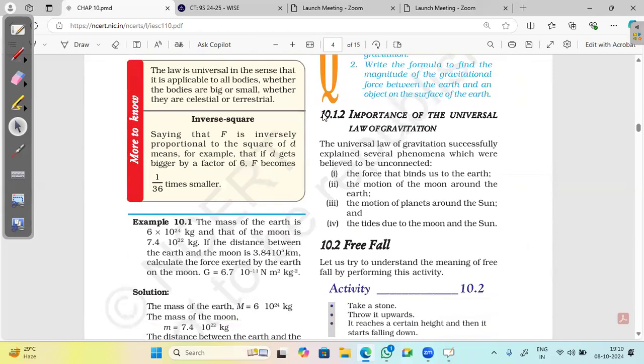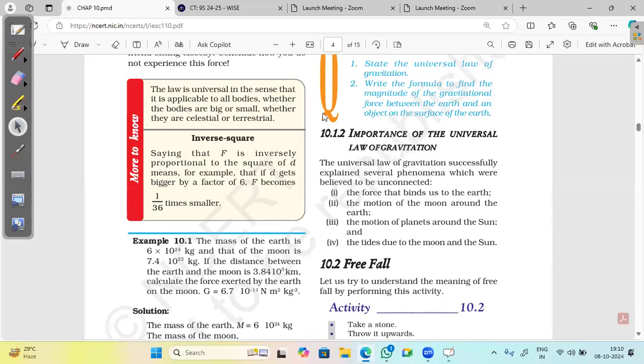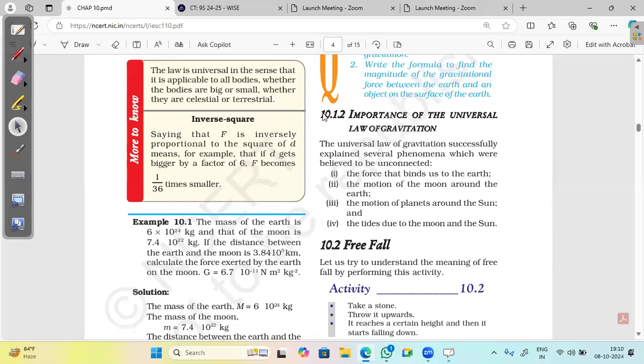So we'll just see the importance of the universal law of gravitation here. The universal law of gravitation successfully explains several phenomena which are believed to be unconnected. It explains the force that binds us to the earth. Also, it explains the motion of the moon around the earth.